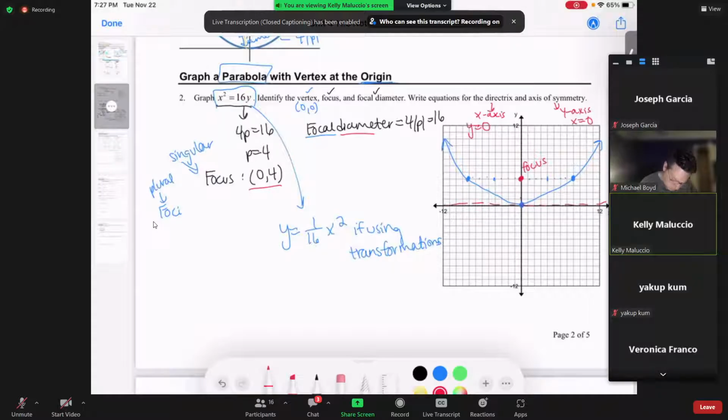Because the axis of symmetry is where it divides the parabola in half, and that's at this line, and the directrix is the bottom or top or side from the vertex. It's a vertical or horizontal line from the vertex.